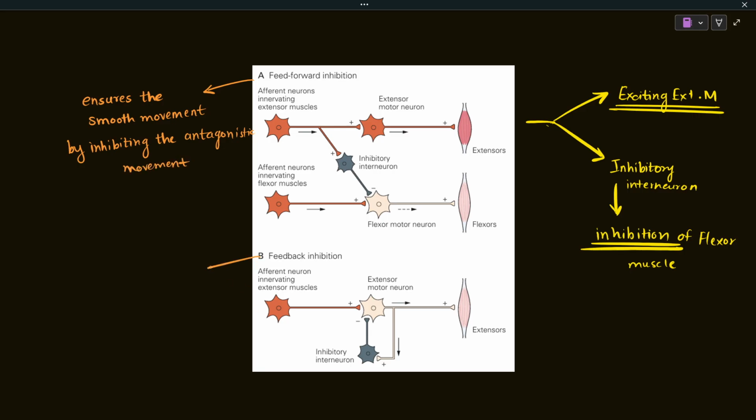Well, on the contrary, feedback inhibition is the inhibition which ensures that there is no overstimulation of whatever muscle it is in the picture. So here it is the extensor muscle.